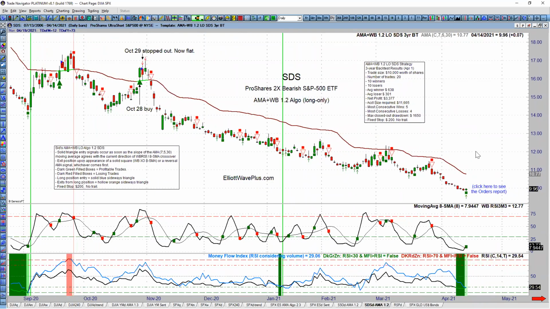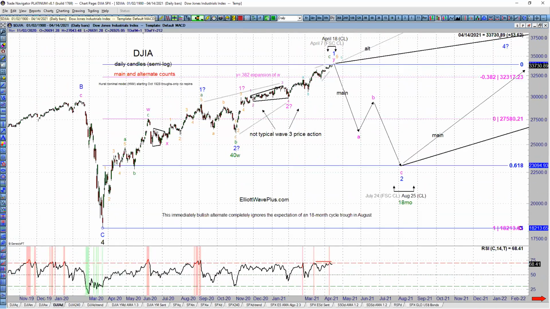or let's say you're a Hurst cycles person. I know Hurst cycle people are taking a real hard look at the markets right now, because when you do a Sentient Trader analysis on Hurst cycle analysis, that composite line, it's bearish from April 18 all the way to August 25.